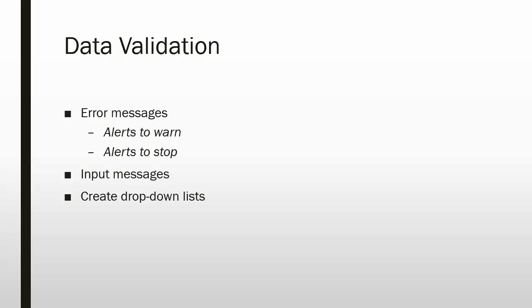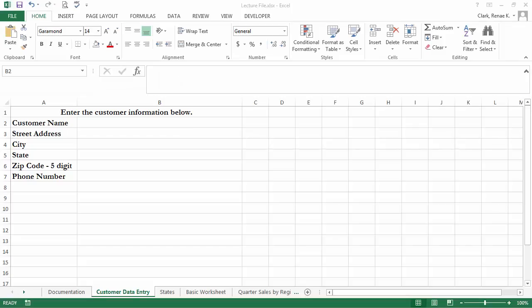You can also use input messages to help users enter the data in the format you would like it entered in. A further restricting method is to create an actual drop-down list where users simply select an option from the drop-down list. As you can see, I have an open Excel spreadsheet, and here I have set up a customer data entry area.